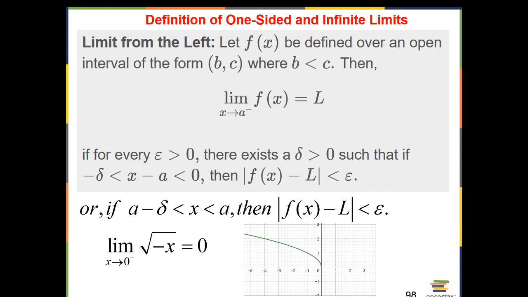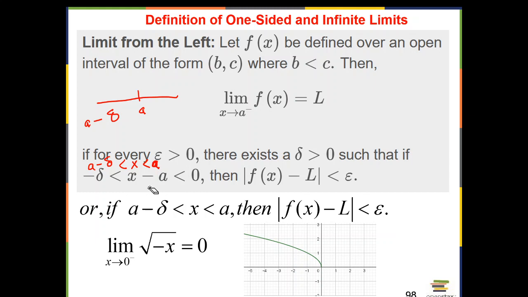What about a left limit? Well, for a left limit, again, here's a, right? So we don't want to be over here, so we want to be between a and what? And a minus delta. You can write it this way, or you can just write x between a minus delta and a, like that.